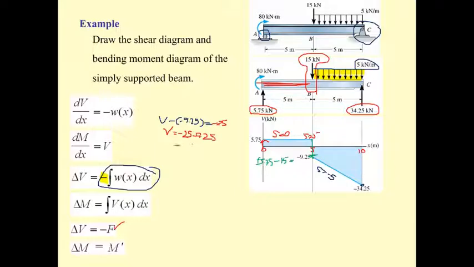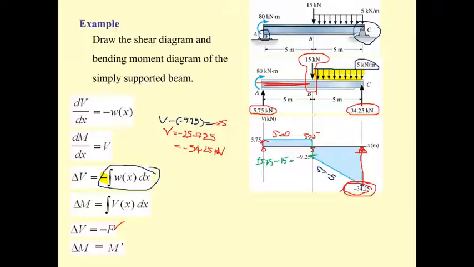So you will get this V as minus 34.25 kilonewton. Okay, and then you get this one, and finally you get the upward of 34.25. So this one will go upward here and cross here.